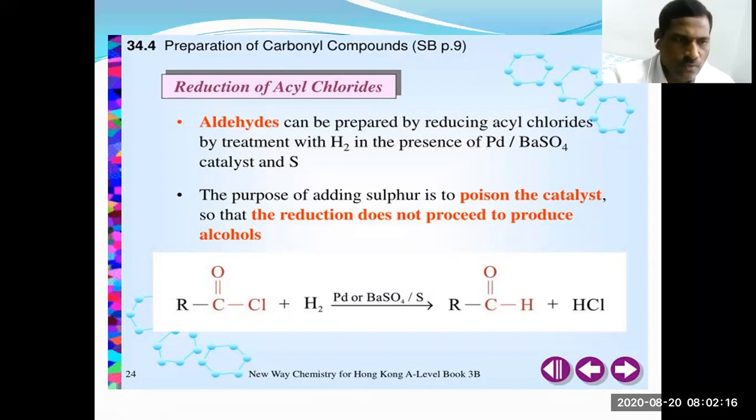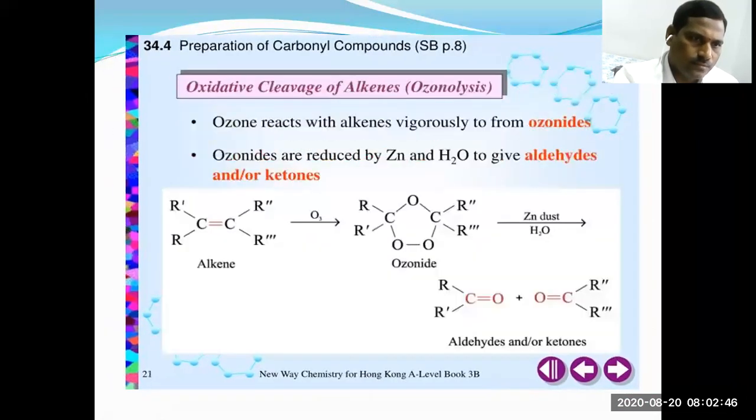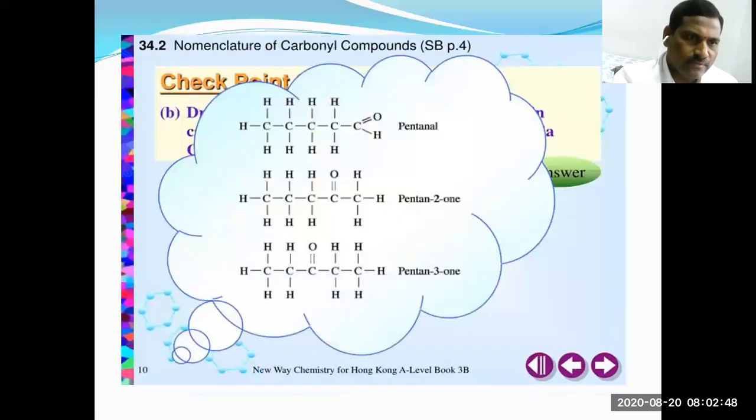So acid chloride plus H2 gives rise to aldehyde. You can take acetyl chloride and get acetaldehyde from this reaction. So acetaldehyde is prepared from acetyl chloride. See once again.